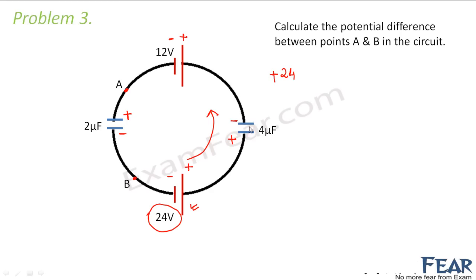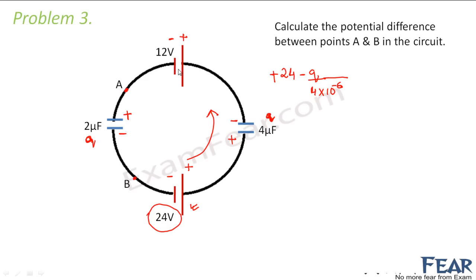The potential at this capacitor will be nothing but Q by C. Let us assume that this capacitor has some charge Q, and similarly this capacitor also has charge Q. So Q divided by C, where C is 4 into 10 to the power minus 6. What will be the sign here? It is departing from the negative plate, so this will be negative.